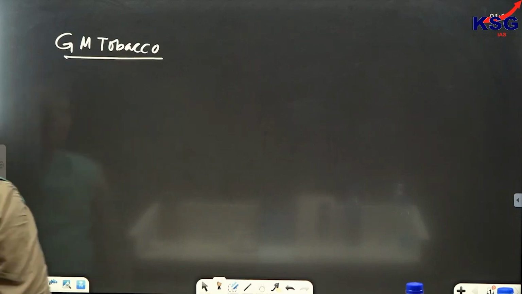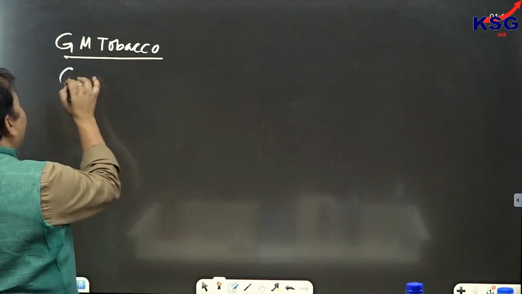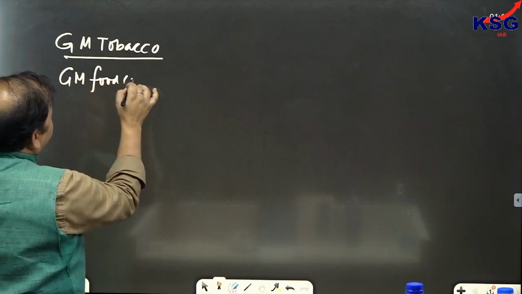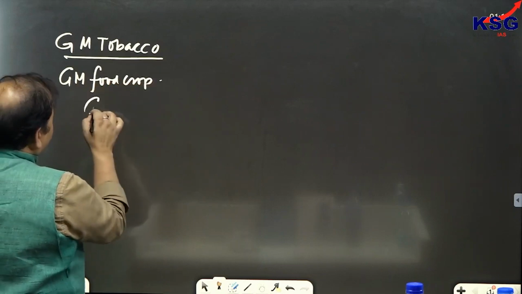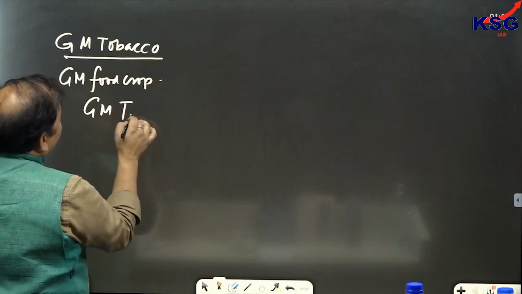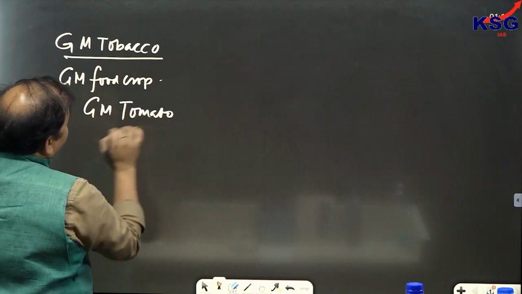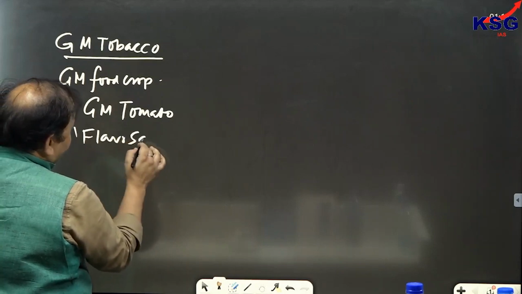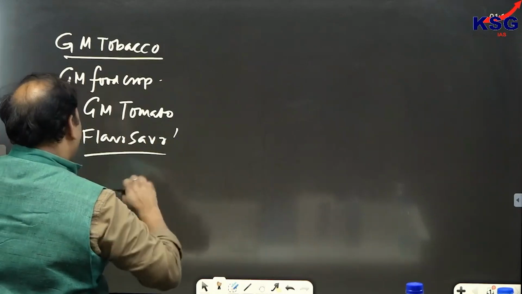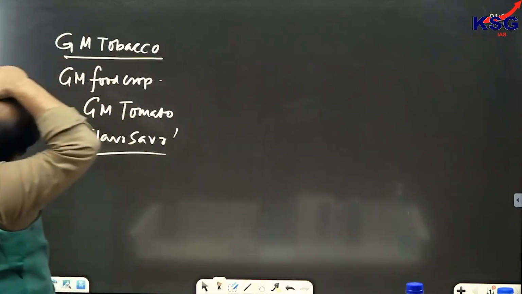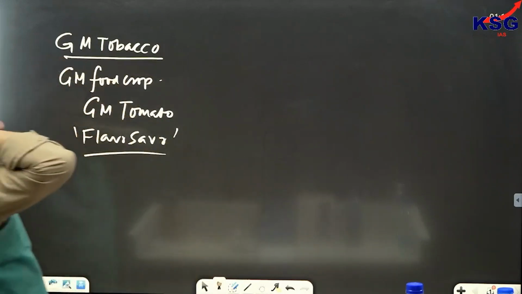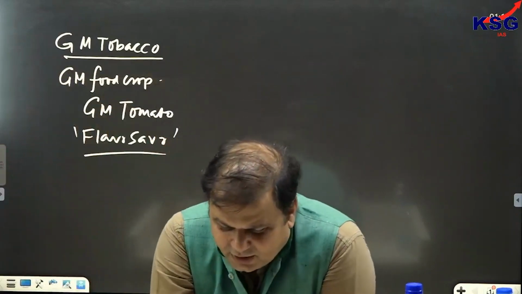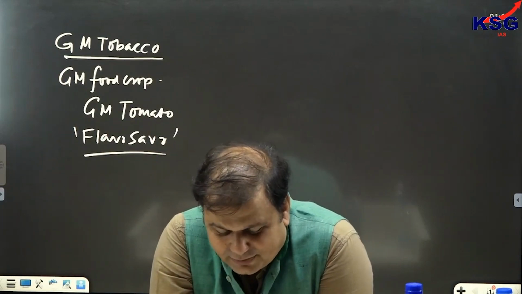But the first GM food crop which was cultivated was genetically modified tomato, and this was called Flavr Savr. Flavor saver, not VOUR. This is how it is written, Flavr Savr. There are numerous examples of GM crops in India. Clear? CRISPR-Cas9 टेक्नोलॉजी भी, गोल्डन राइस भी, सब करा दूंगा.